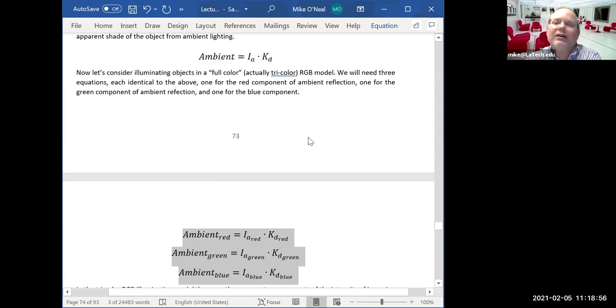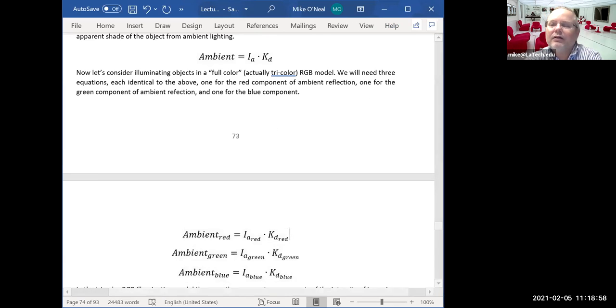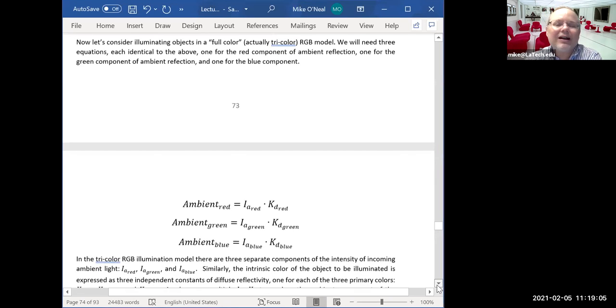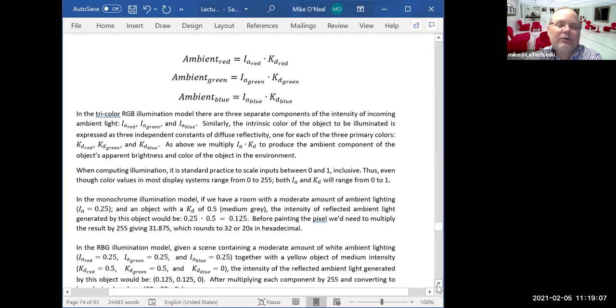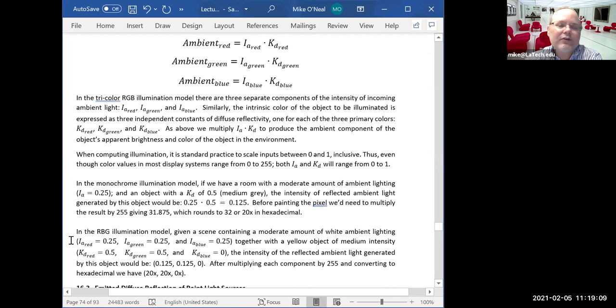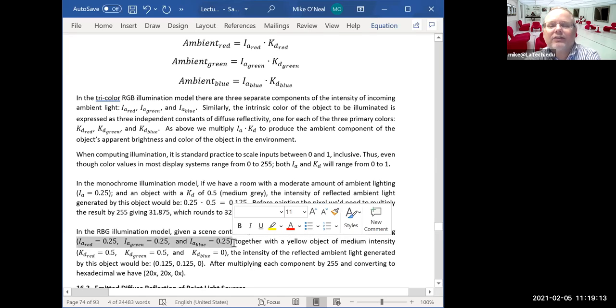So whenever we're talking about light in the environment, that light will have some color associated with it. Now, the most common type of light that we have is white light. If you're modeling white light, you set all of the red, the green, and blue equally, and that'll give you white light.